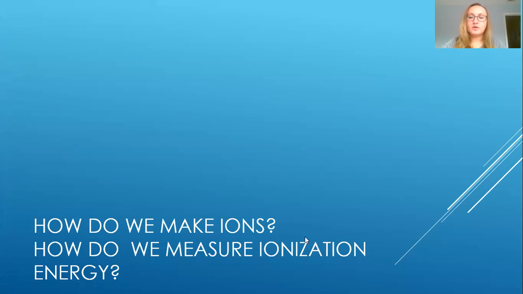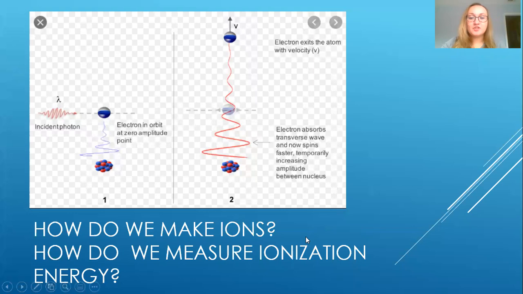Yesterday, we answered the question of how do we make ions, but we still have to answer the question, how do we measure ionization energy? The process for measuring ionization energy is very similar to the process for making an ion. We hit an atom with light or electromagnetic radiation that has sufficient energy to overcome the force of attraction between the electron and the nucleus, ejecting the electron from the atom.